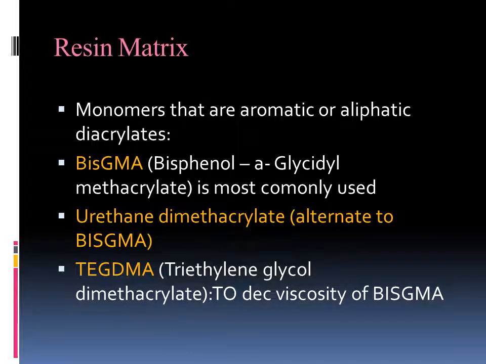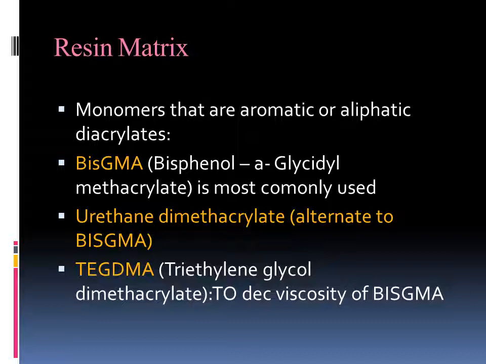Now let's look at all these components individually. The resin matrix, as we talked about, are monomers that may be aromatic or aliphatic, which means they may be ring containing, they may be straight chain, they may be branched. And as we mentioned, BIS-GMA is the most popular and commonly used dental monomer. BIS-GMA stands for bisphenol A glycidyl methacrylate.